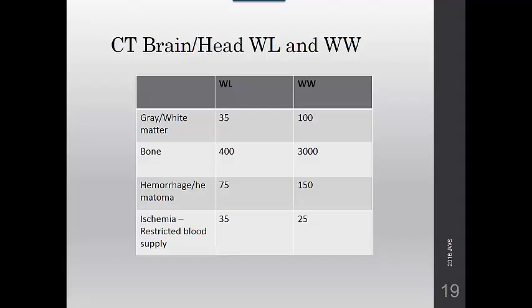The scan type is axial as opposed to helical, and the reason is that multi-slice scanners do not allow angling of the gantry during helical acquisition. So most routine head scans are scanned axial. Helical is reserved for scanning a patient rapidly if there's an issue of motion. So the scan plane is transverse, and as we said, the start location is just below the skull base to just above the vertex of the skull.